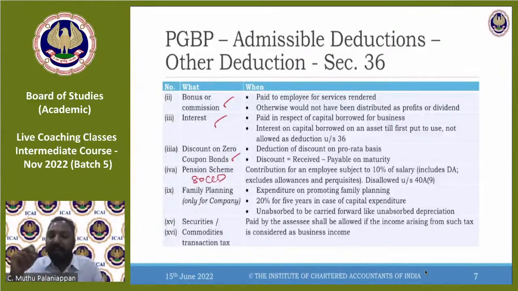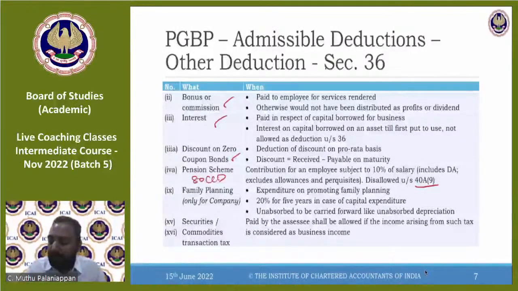When you say salary, it includes dearness allowance forming part of retirement benefits. 10% is only allowed. Whatever is excess beyond 10% will be disallowed under section 40A clause 9. So what is eligible as deduction for the employer is only 10% of basic salary plus dearness allowance.